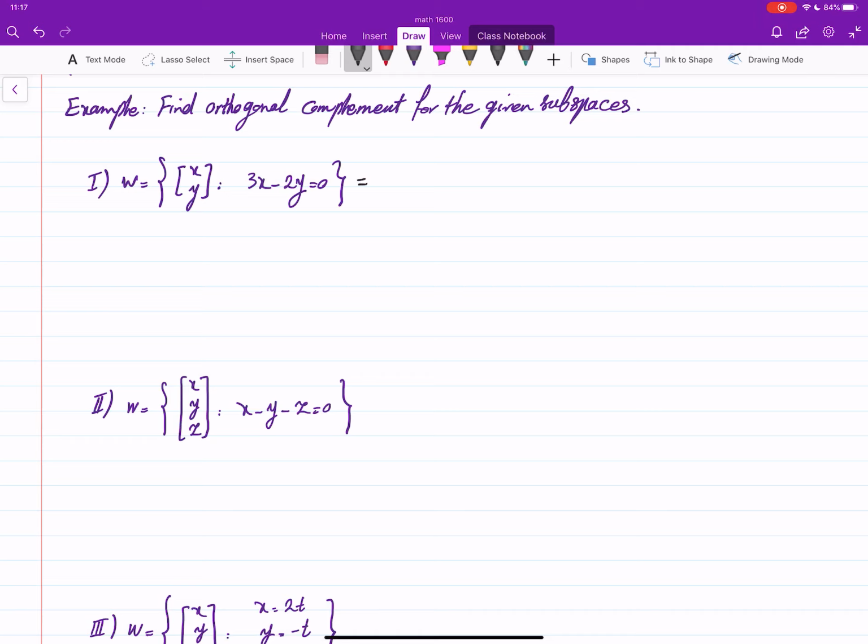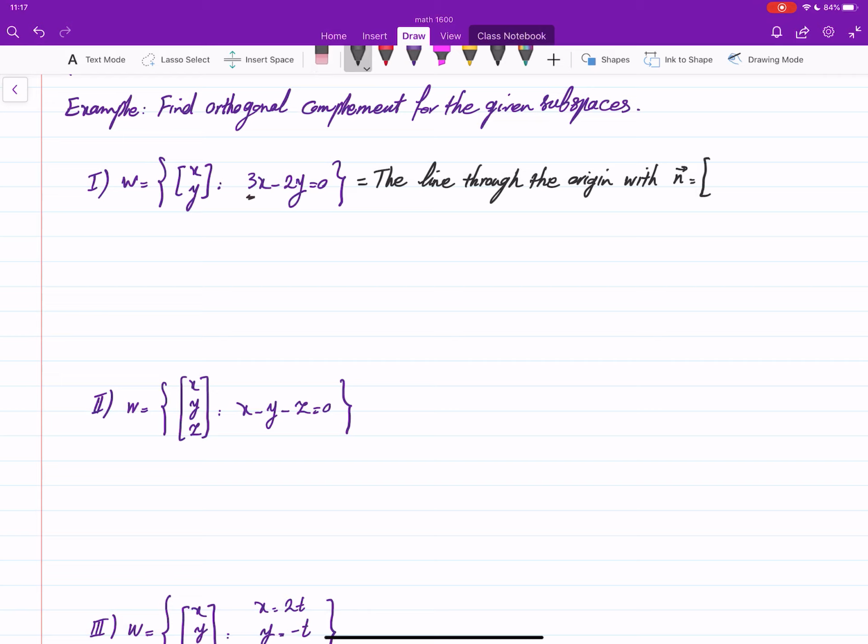We know that this is the line through the origin with normal vector n.